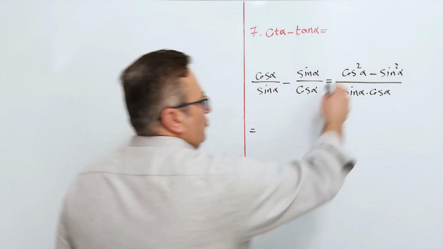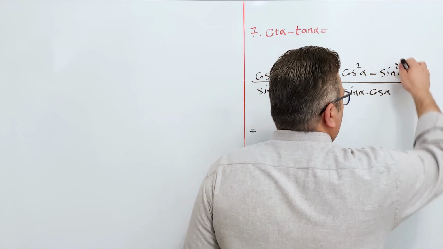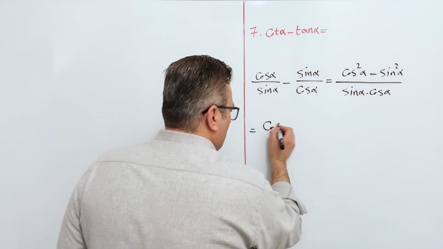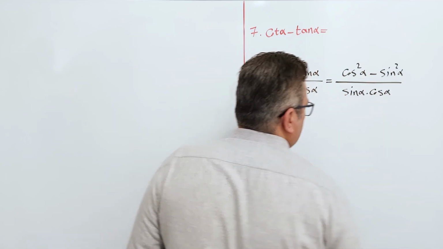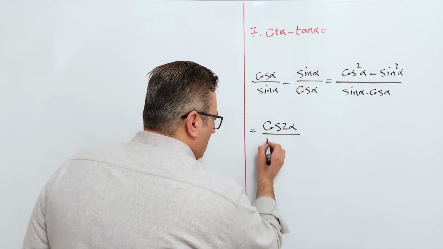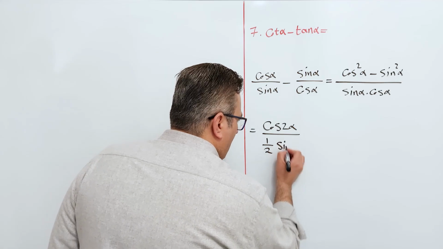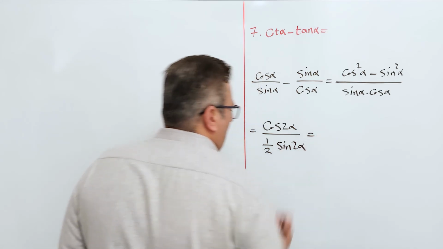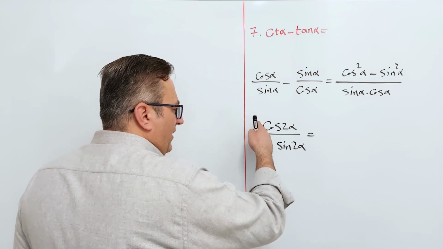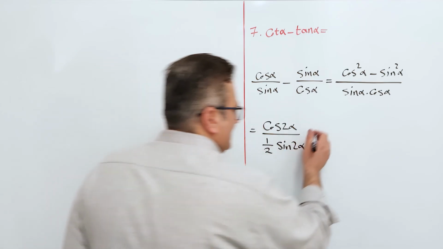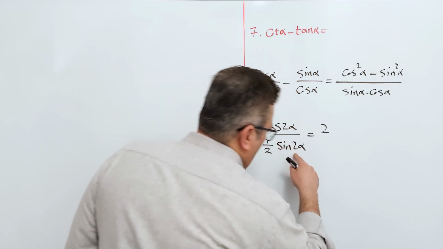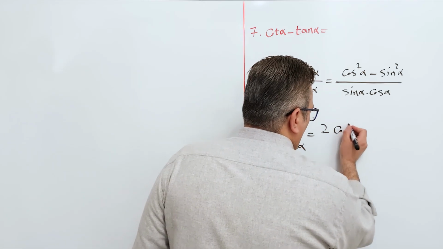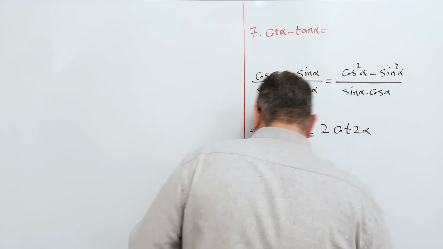And we know that cosine squared alpha minus sine squared alpha is equal to cosine 2 alpha divided by sine alpha times cosine alpha, which is 1/2 sine 2 alpha, so 1 divided by 1/2 is equal to 2, and cosine 2 alpha divided by sine 2 alpha is equal to cotangent 2 alpha.